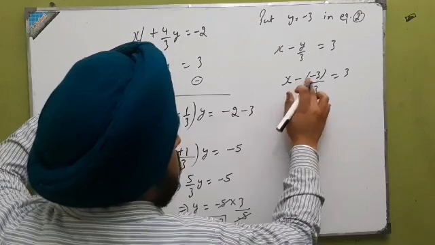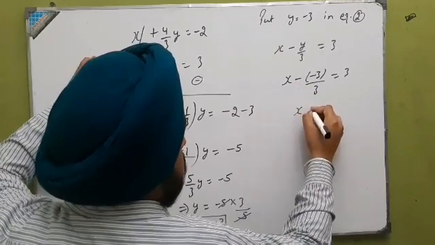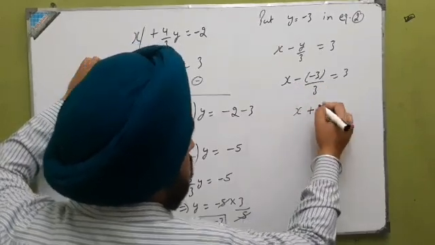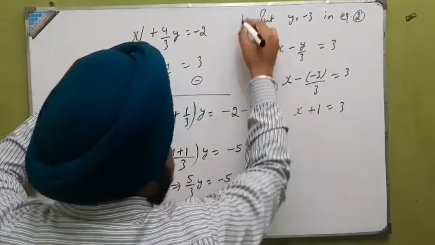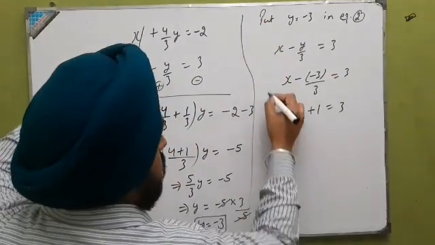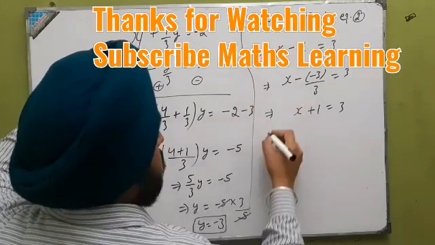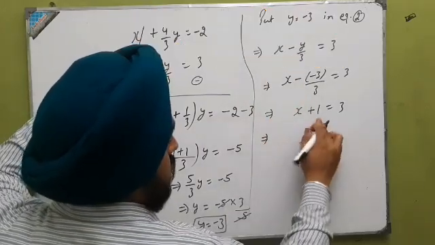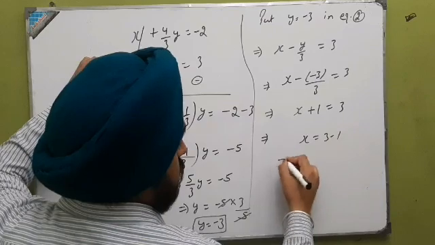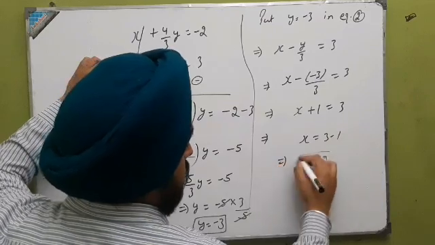Now minus minus becomes positive, x plus 3 cancels with 3, that means only 1 equals to 3. Clear? It implies, don't forget to write the symbol. Now this 1 goes to the right side, 3 minus 1, so the value of x is 2.